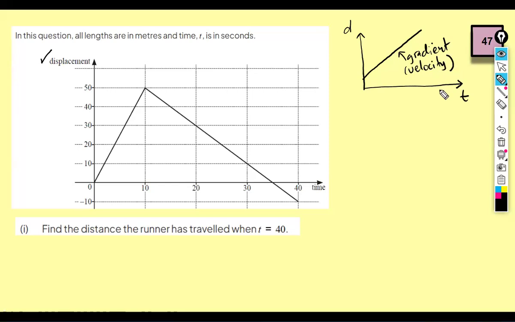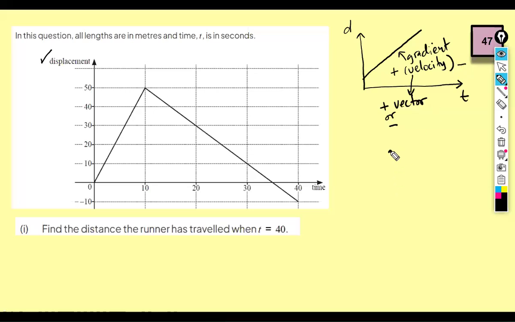Now remember, velocity and speed are kind of similar, but they are different. Remember, velocity is a vector quantity. It can either be positive or negative. So velocity could be a positive value, and sometimes it could be a negative value.